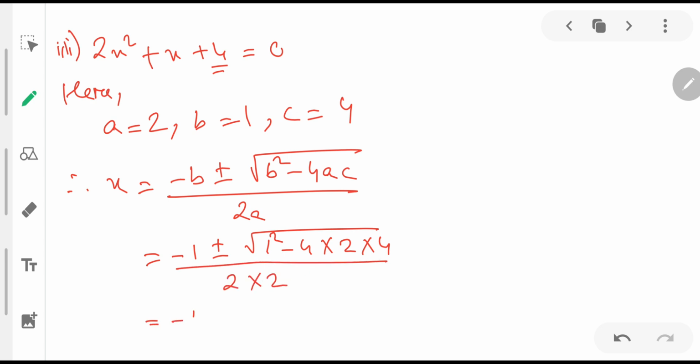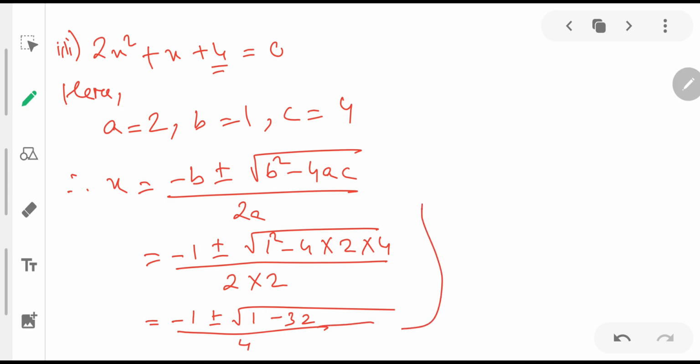So, we will get minus 1 plus minus root over 1 square, which is 1, minus 4 4s are 16, 16 2s are 32, by 2 2s are 4. So, we will get x equals minus 1 plus minus root over 1 minus 32, which is minus 31, by 4.